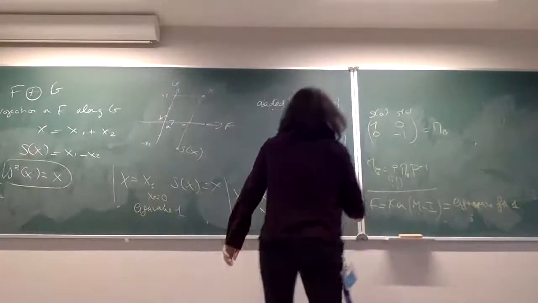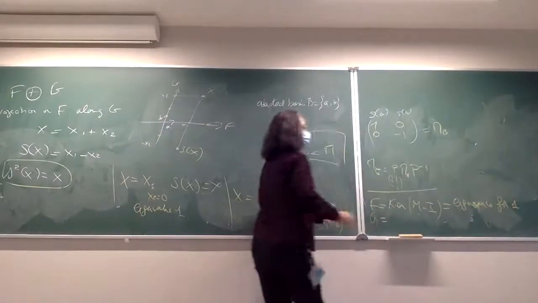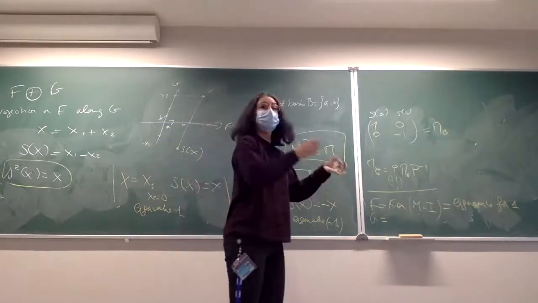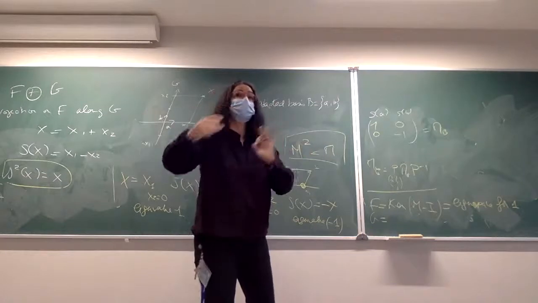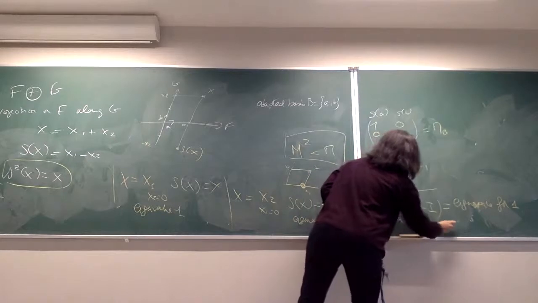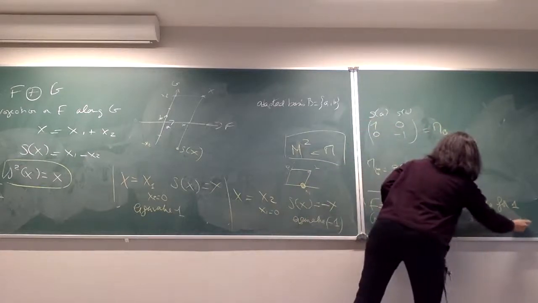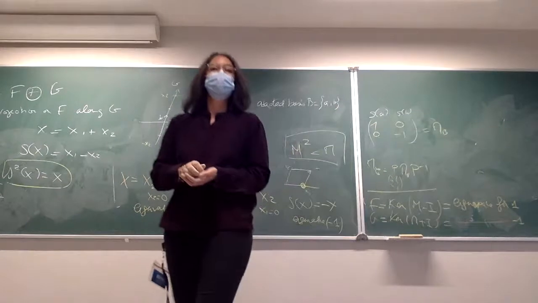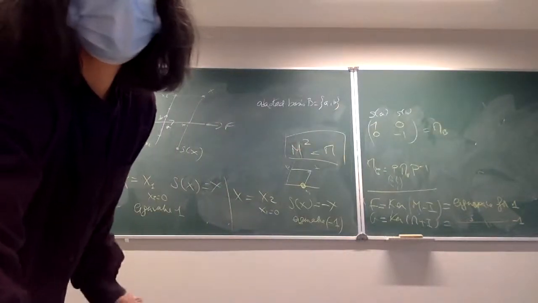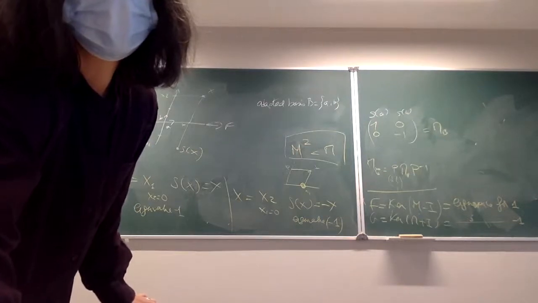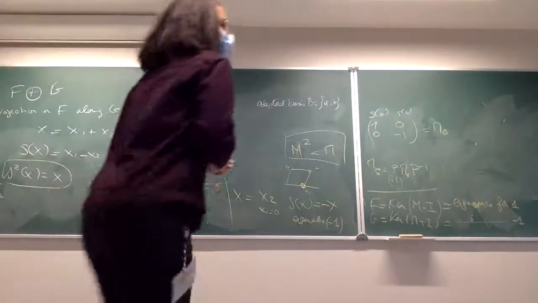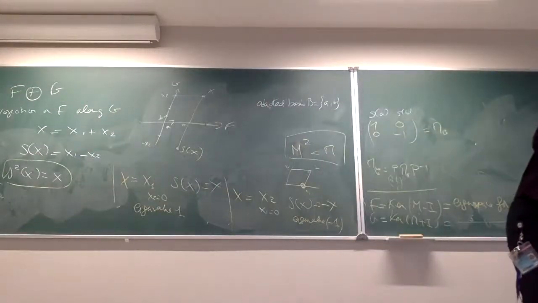And G is going to be the eigenspace for -1, right? So MX is equal to minus X, so that's M plus identity. So that's the kernel of M plus identity, the eigenspace for -1. What are the questions on that?